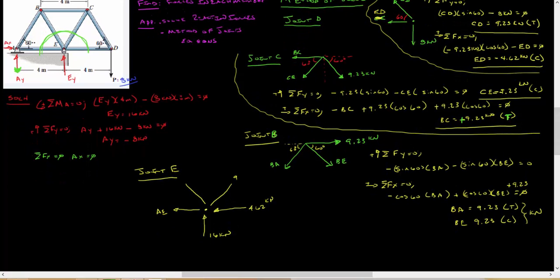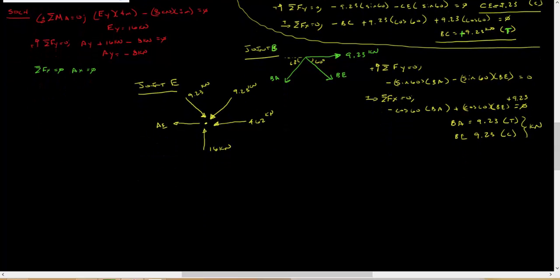And then I had 9.23 kilonewtons for CE, which we solved for over here, and that is also in compression, so that's going into the joint. We solved for BE. BE was also 9.23 in compression, so that's also going into the joint. And we are solving for AE.